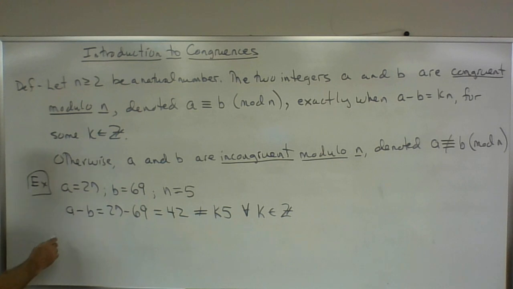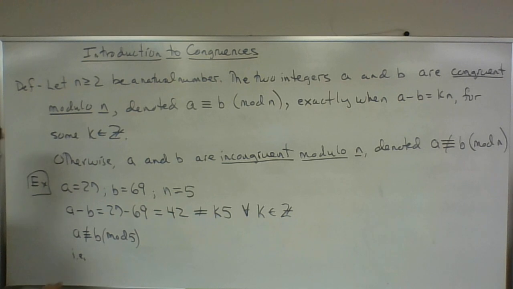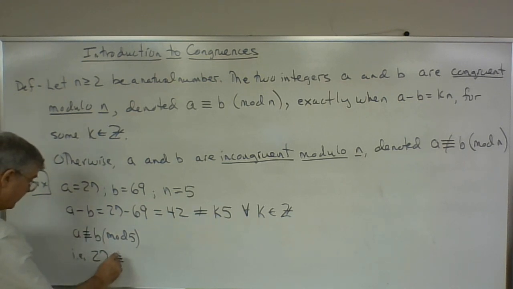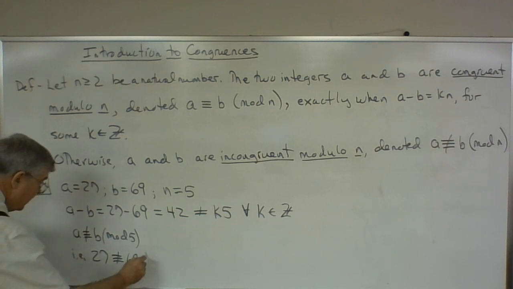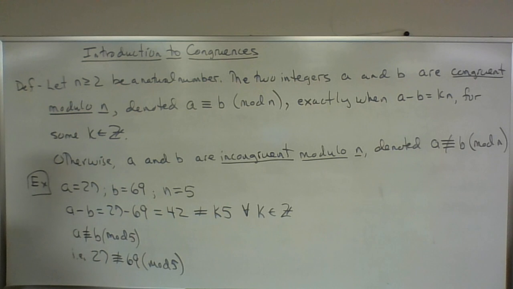So A and B are incongruent modulo 5. And in terms of the numbers 27 and 69, 27 and 69 are incongruent modulo 5. Now, let's look at another example.